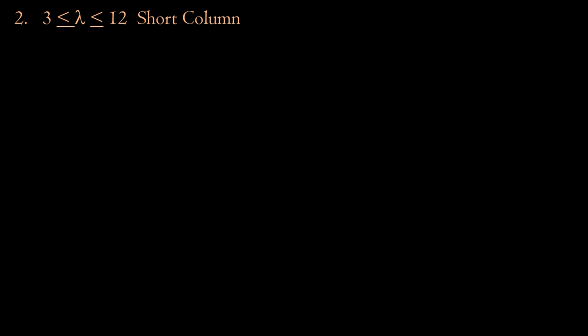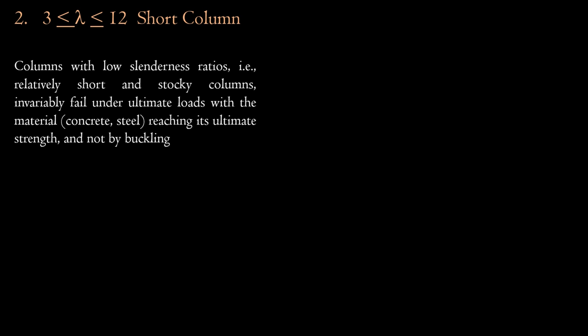Okay. Now the second one, short column. That is, when lambda is greater than 3 and less than or equal to 12. Columns with low slenderness ratio, that is relatively short and stocky columns, invariably fail under ultimate load with the material, that is your concrete or steel, reaching its ultimate strength and not by buckling. That is, when the length is very high compared to your cross-sectional area, there is a chance for buckling.